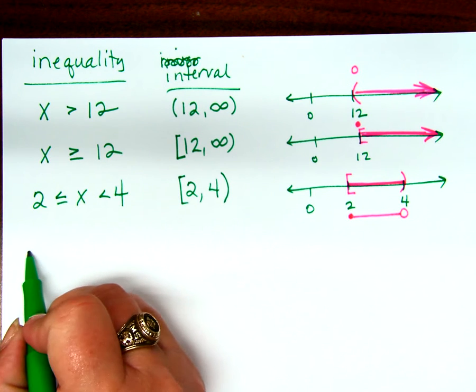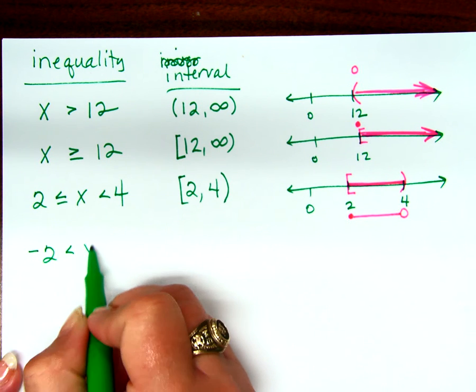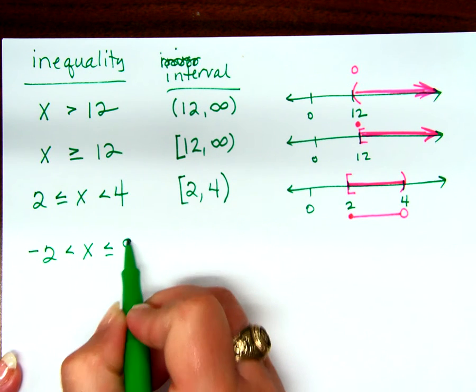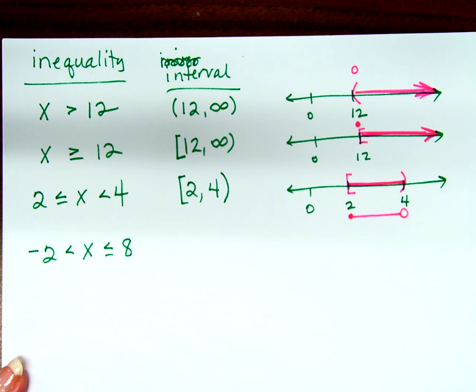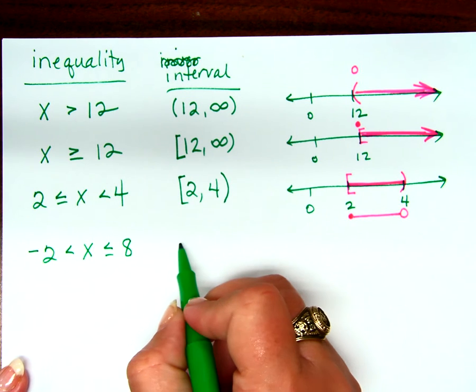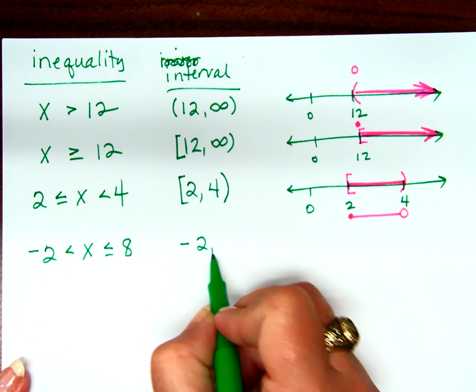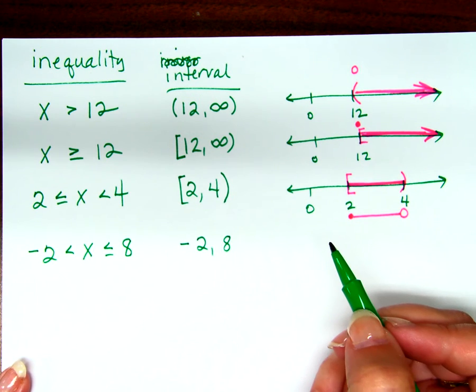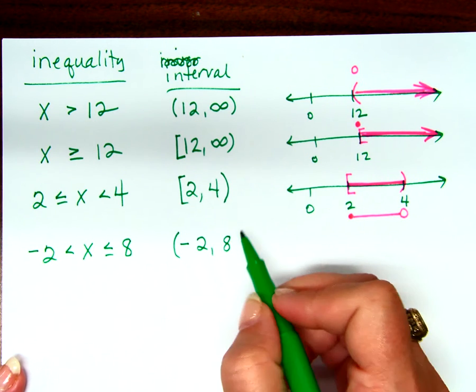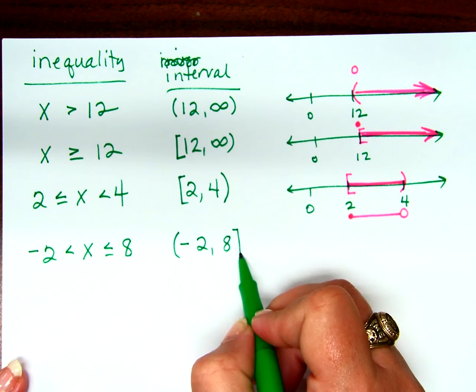If we have negative 2 is less than x is less than or equal to 8, what is that going to look like in interval notation? From negative 2 to 8, good, parenthesis on negative 2, bracket on 8.